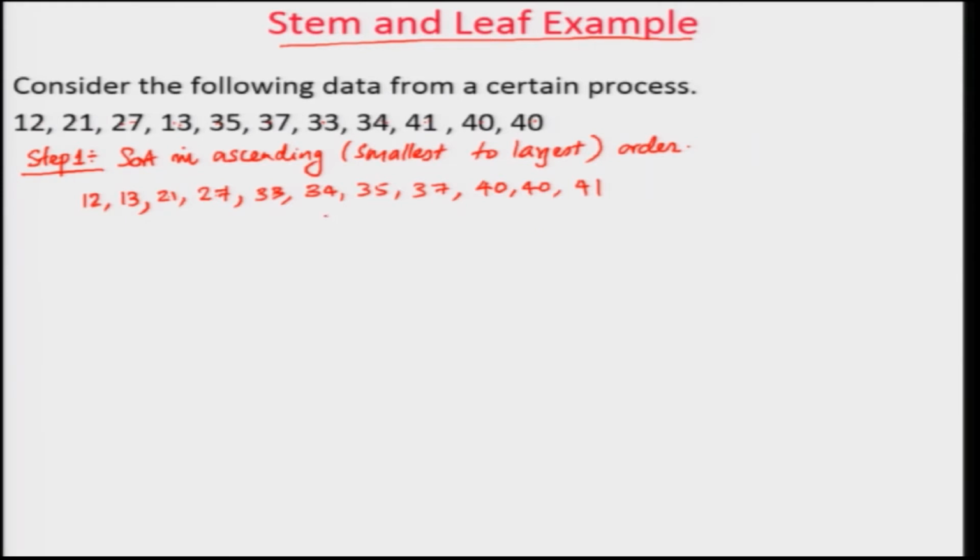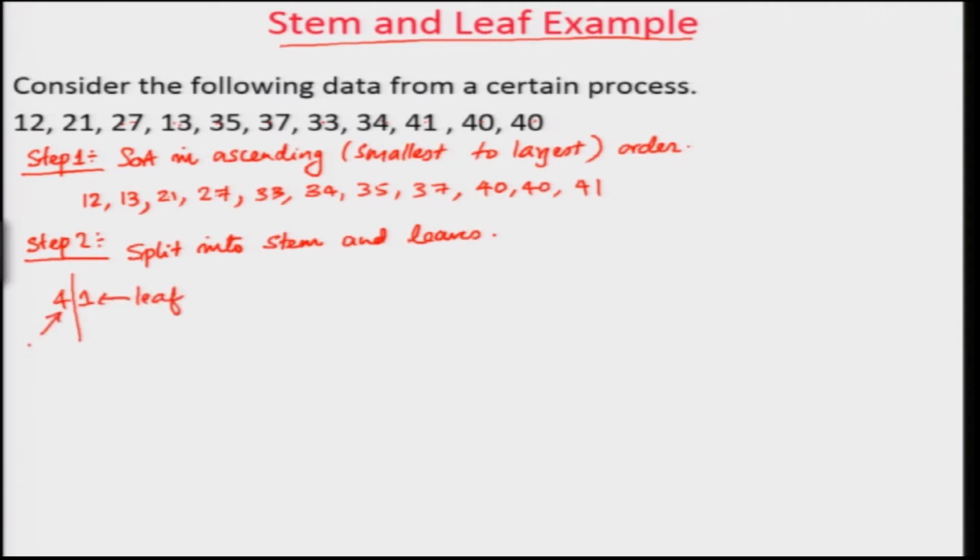Now step 2 is to split into stems and leaves. If you have a number, let us say 41, then by splitting it in the middle, this will become the leaf and this will become the stem.